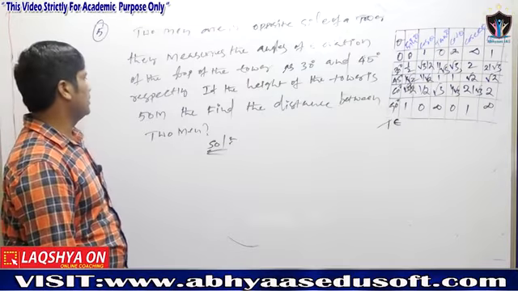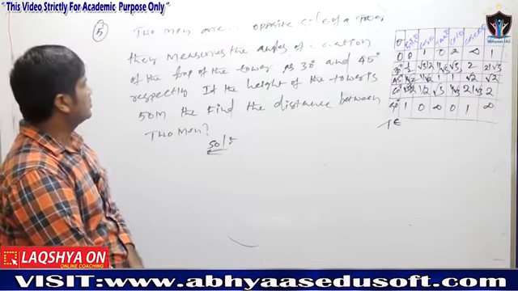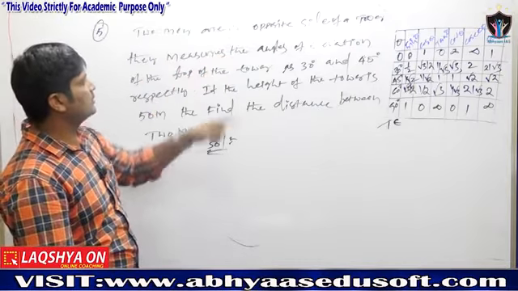If the height of the tower is 50 meters, then find the distance between the two men. He clearly mentions two men are on opposite sides of a tower.